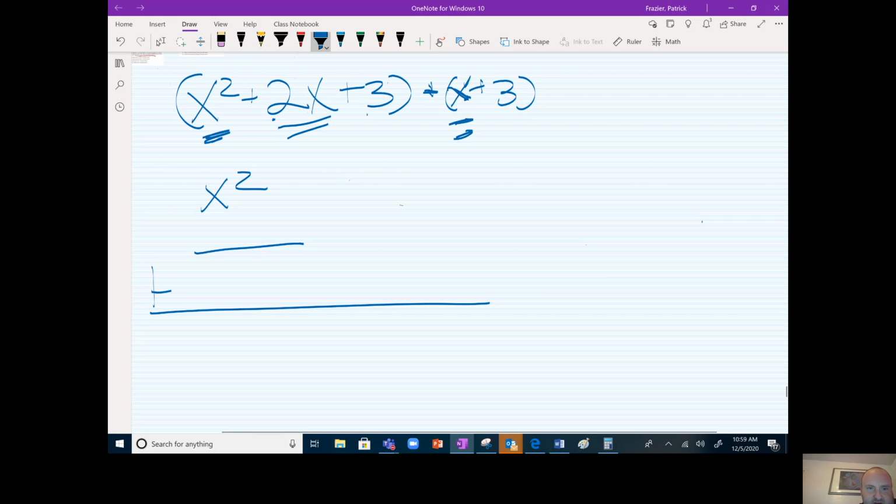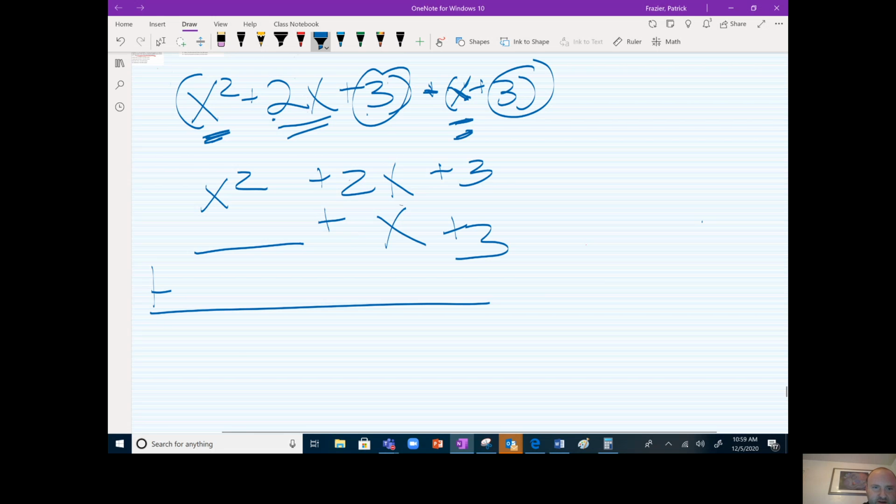Those are like terms, so plus 2x plus x. And then the 3, that's the constant, and that's another constant, same one, plus 3 plus 3. So x squared plus blank is x squared, 2x plus x is 3x, and 3 plus 3 is 6. So we have x squared plus 3x plus 6.